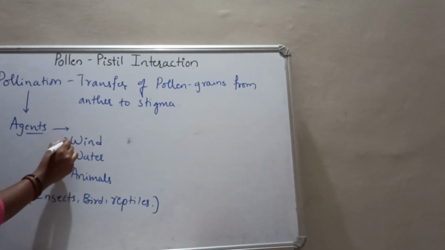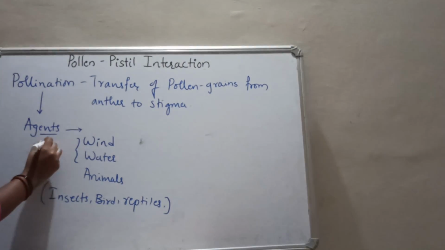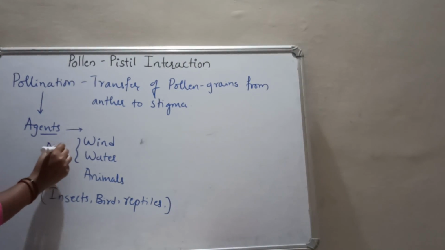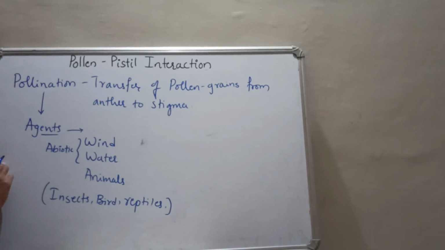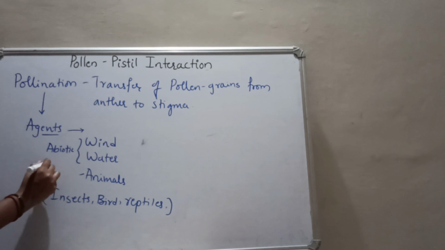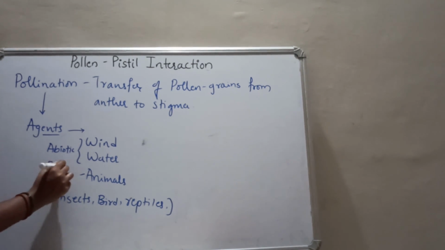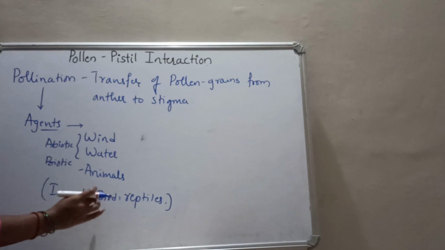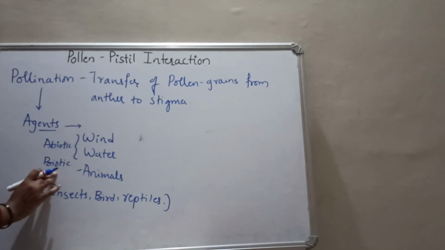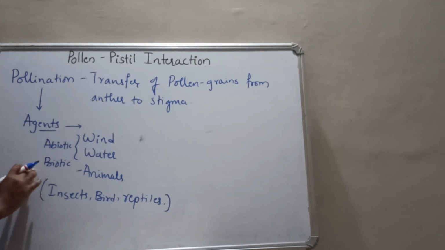Wind and water are abiotic agents that help in pollination, and animals are considered biotic agents. Insects, birds, reptiles, etc. are biotic agents. These are the pollinating agents.